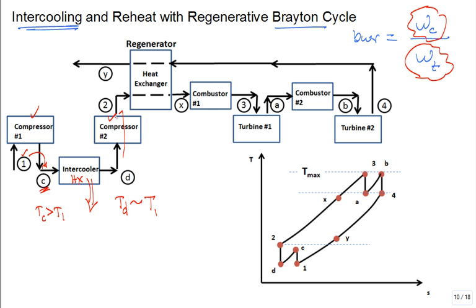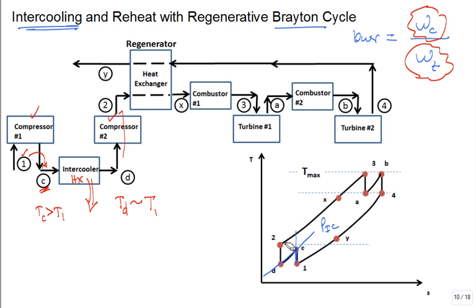How does that look on a TS diagram? Well, let's not put in any inefficiencies of the compressor. Let's say they're isentropic. So we go from 1 straight up to state C, and then we stop at this pressure. This is the pressure of the intercooler. And we don't go all the way up. That's where you would be if you went all the way up to state 2 without the intercooler. That's how high a temperature it would be.